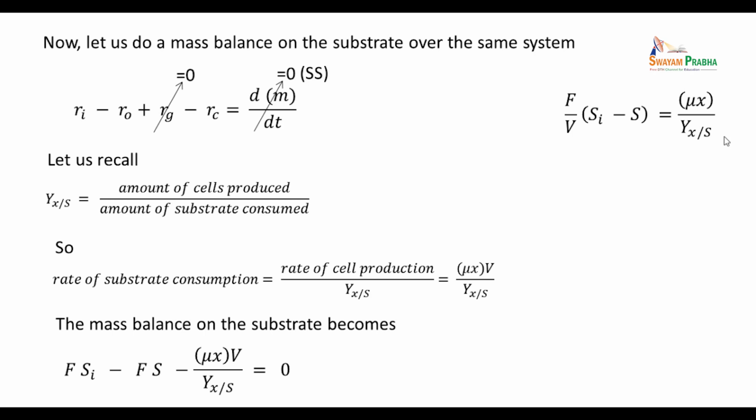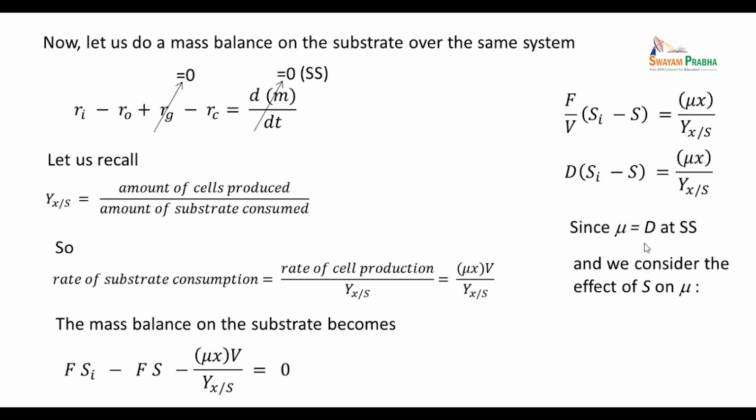Then we divide both sides by V, we get F by V times (Si minus S) equals mu x by Yx/s. So F by V is nothing but D, so D into (Si minus S) is mu x by Yx/s. Since mu equals D at steady state, and we consider the effect of S on mu, mu max S by Ks plus S, which is actually mu, can be equated to D here.